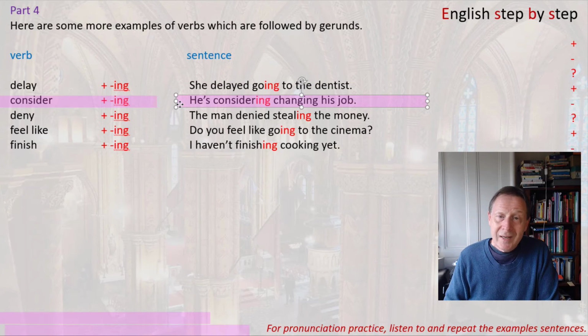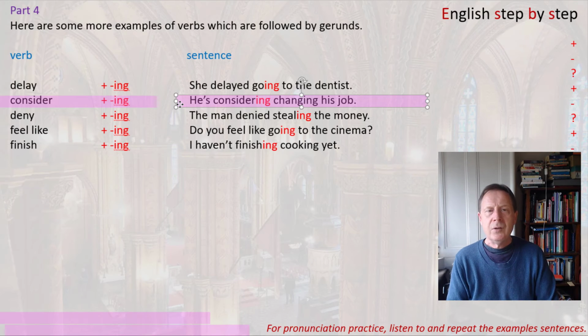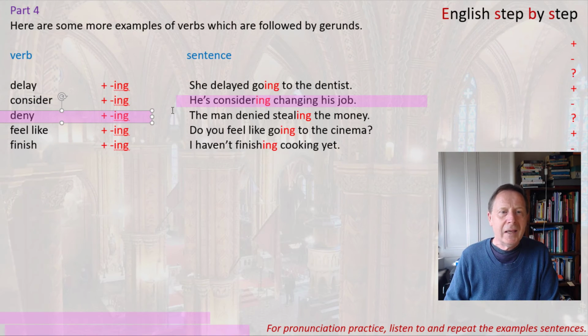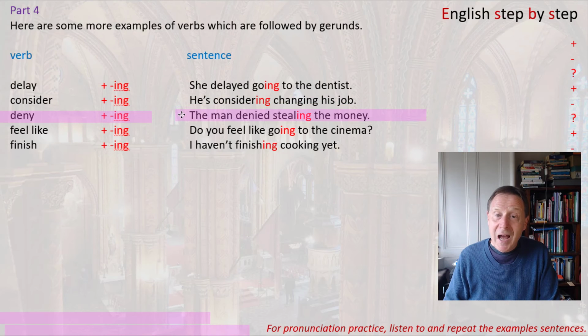He's considering changing his job. And you can see I've put consider into present continuous tense because the verb before the gerund can be in all different tenses. In this case, present continuous, he's considering changing his job. Next example, deny. The man denied stealing the money.